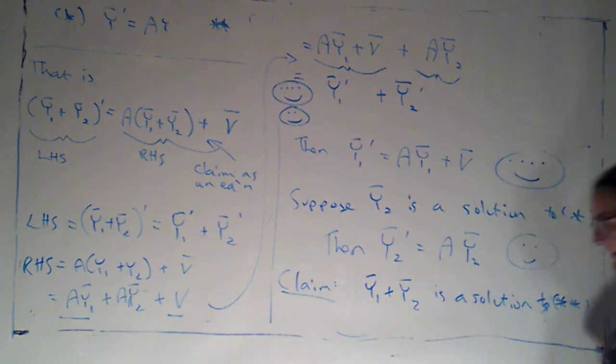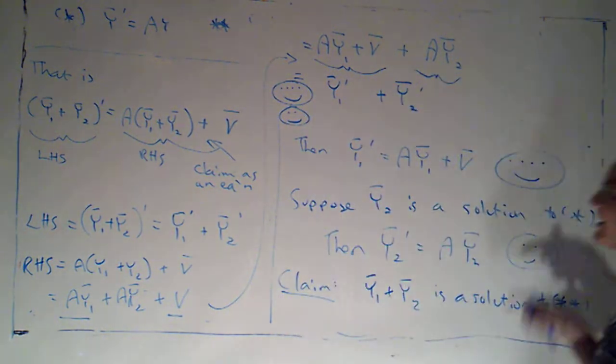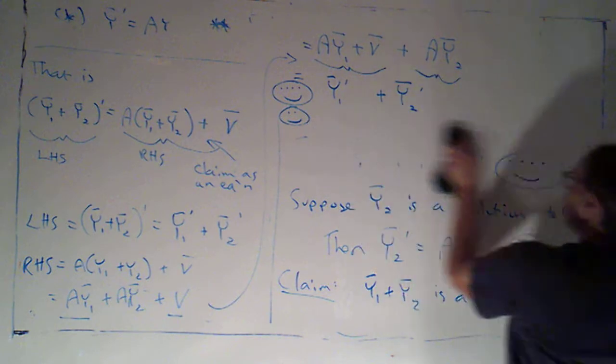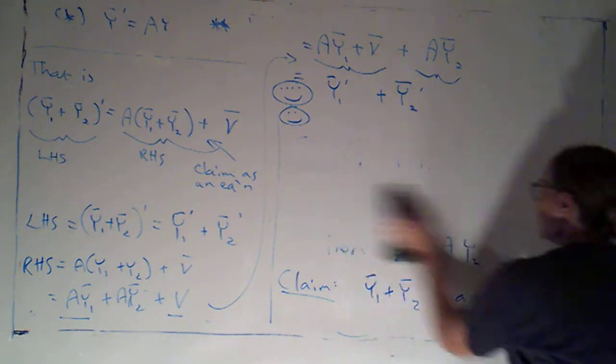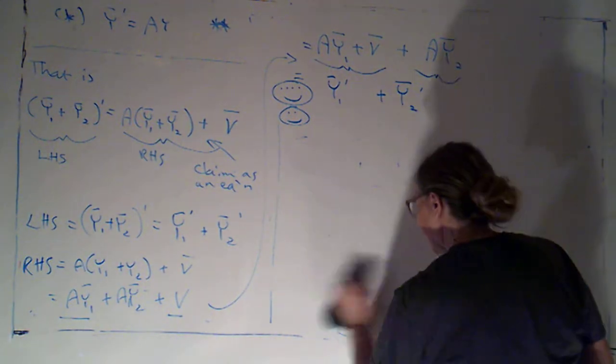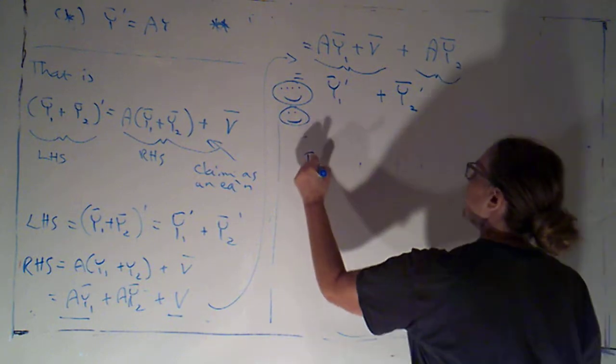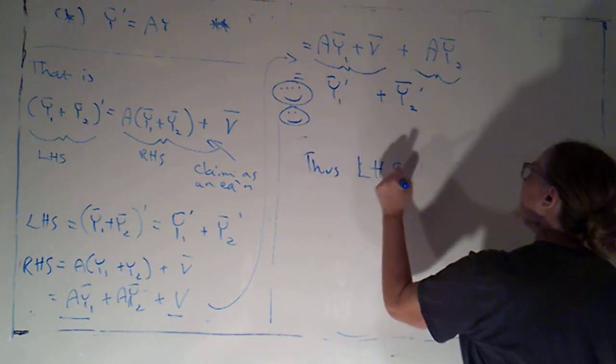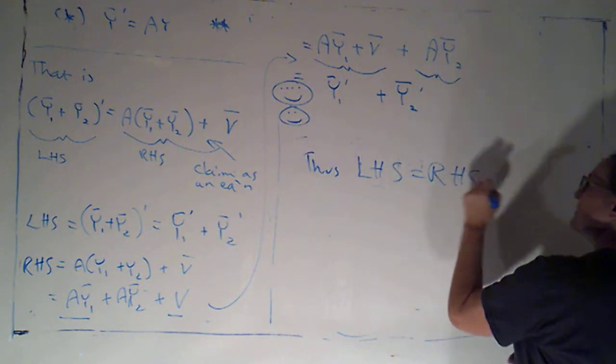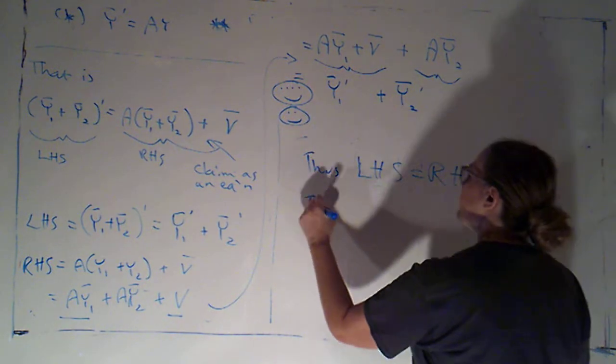That's by me spelling out my suppositions earlier. But that was exactly what I simplified the left-hand side to. So thus, the left-hand side is equal to the right-hand side. The claim holds.